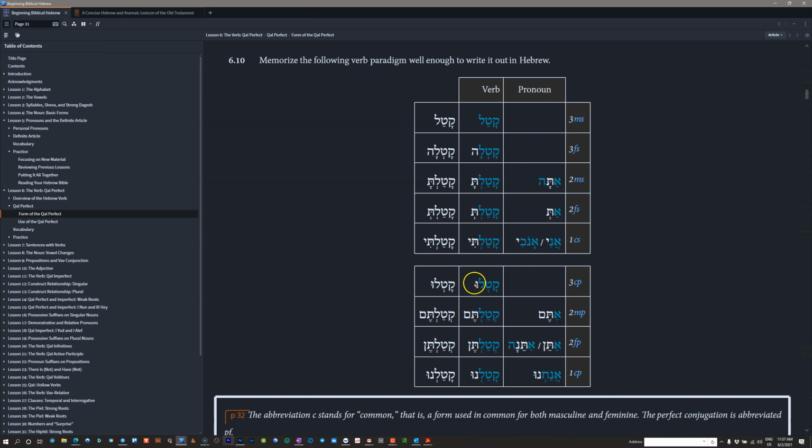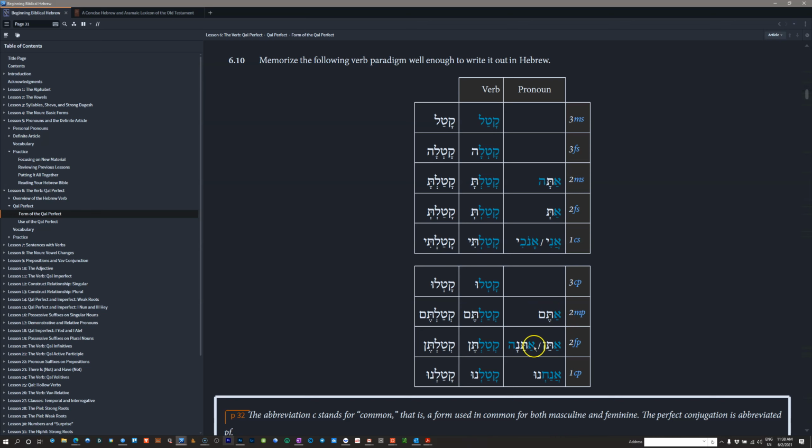But here, when we add this vowel suffix, again, we have the same thing that happened up in the 3FS. The tet is going to reduce its patach to a shavah to make room for this extra vowel, this extra syllable. And so instead of katalu, we get katalu. Then we add the two MPs. The 2MP suffix for atem, we just take the tem and we put it over here.